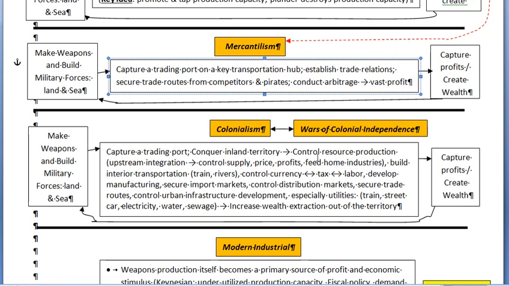So colonialism developed especially in the time of the early industrial revolution. It expanded greatly then. So you build interior transportation: trains, which were developed more and more about the 1830s, steam engine trains, and then river transportation, which expanded with the steam engine again about the same time, beginning in the 1830s.